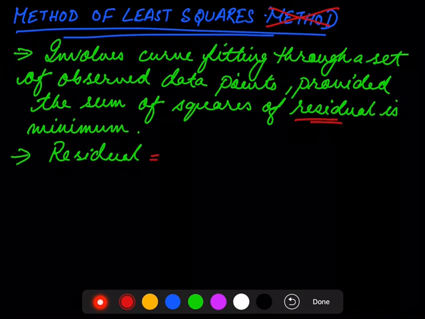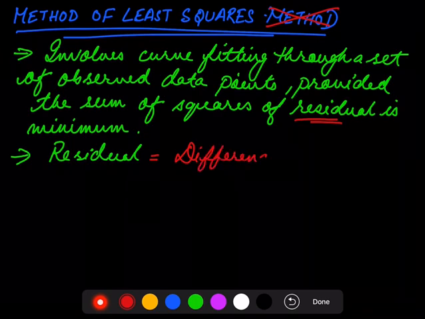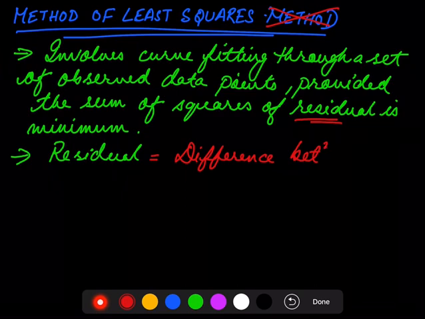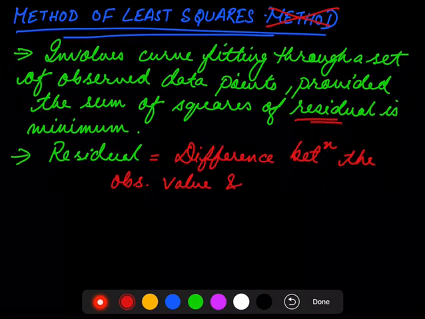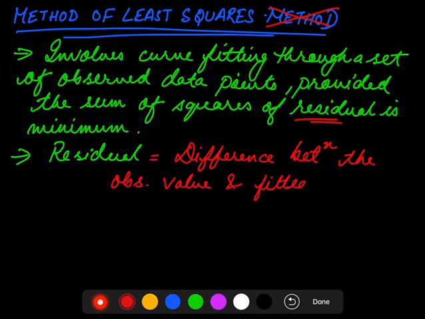Residual equals the difference between the observed value and the fitted curve value.